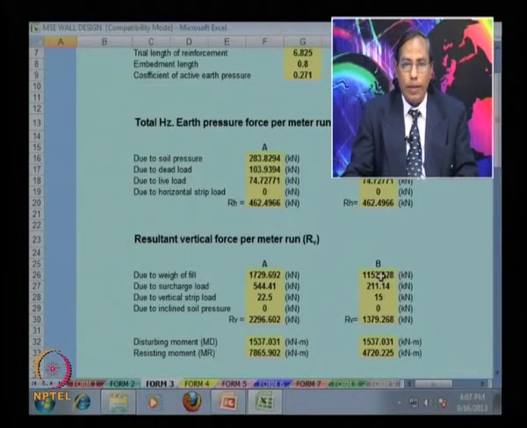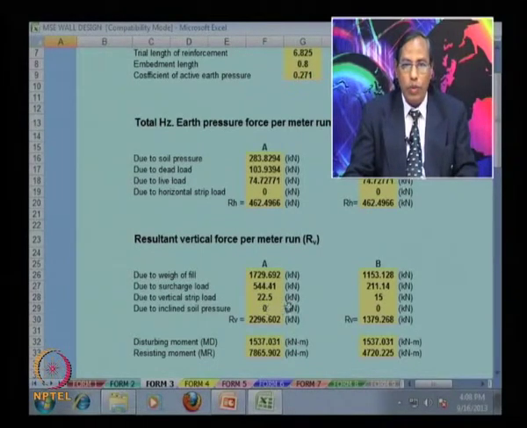So due to the surcharge load, you can also calculate combined load A. You know the L, you know the dead load QD, you know the surcharge load plus QL into that factor of safety 1.5.